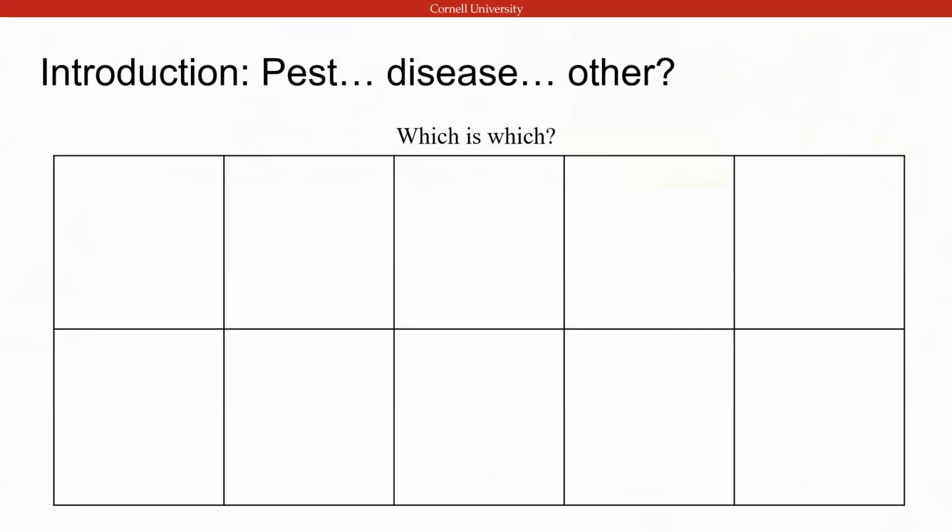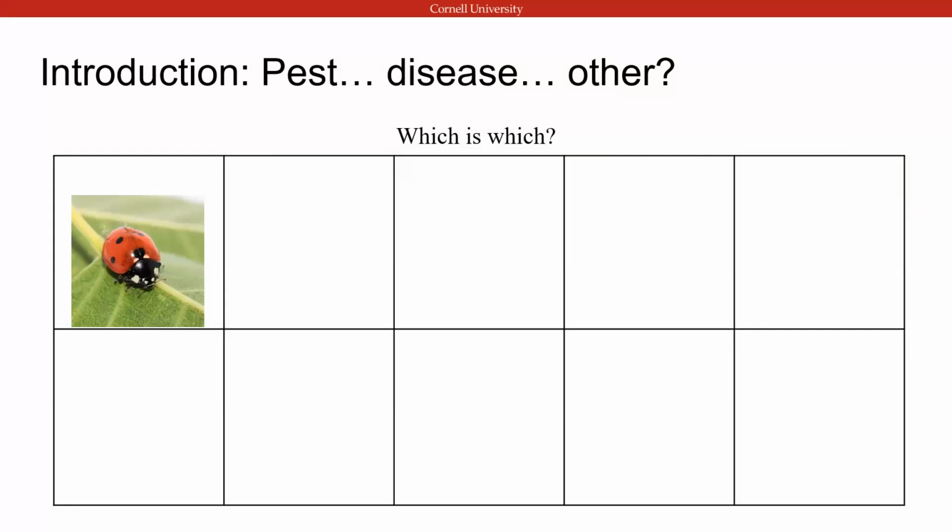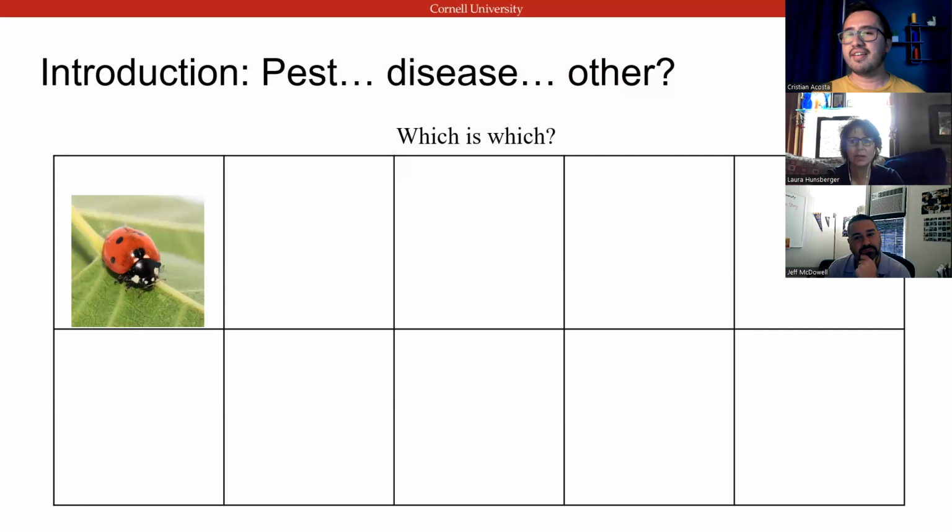Here I'm going to show you a couple of things, and just think about what this can be. Is this a pest? Is this a disease? Can it be another thing? For example, if we see a ladybug in our garden, this can be a pest or a disease or any other thing. Beneficial.